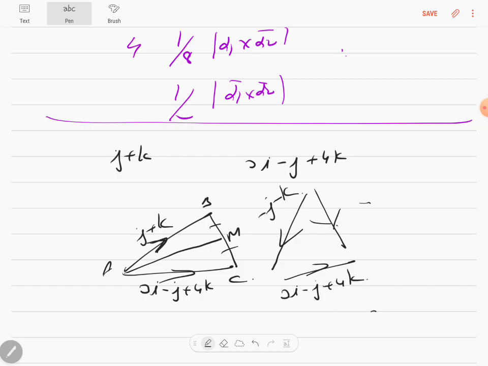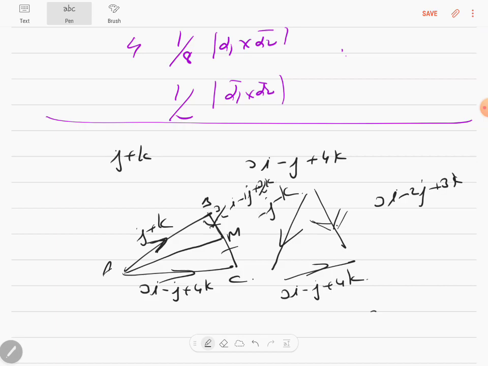There's no i in the first, so 3i. The j's cancel out: 3i minus 2j plus 3k is this vector. So I got now the BC vector, which is in this direction. Half of it is BM. So this will be 3 by 2 into i minus 1j plus 3 by 2 into k.